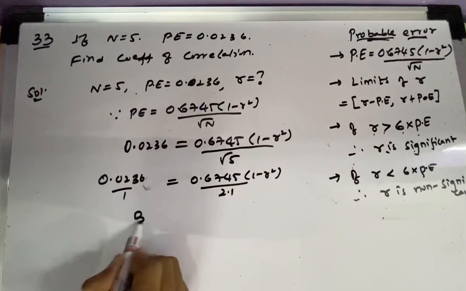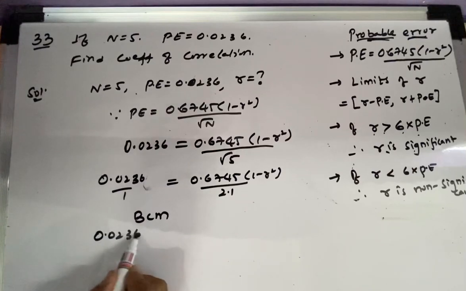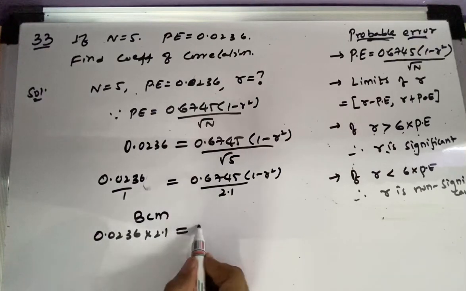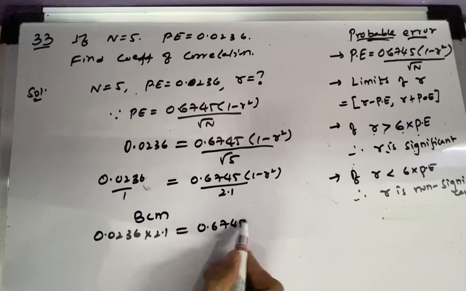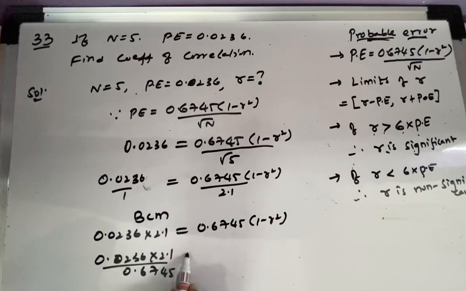By cross multiplication, this value comes here: 0.0236 into 2.1 equals 0.6745 into (1 minus r square). Now we can take this value here: 0.0236 into 2.1 divided by 0.6745 equals 1 minus r square.